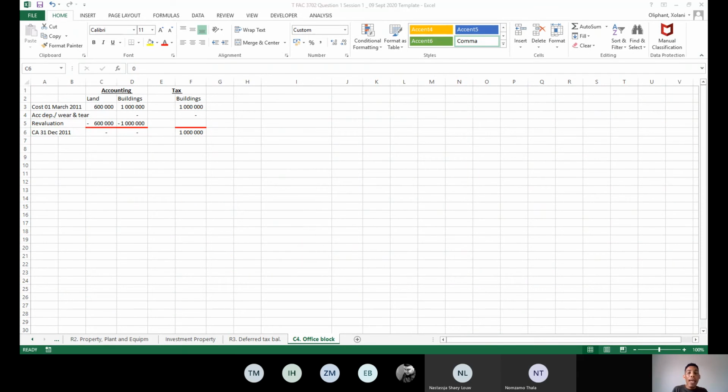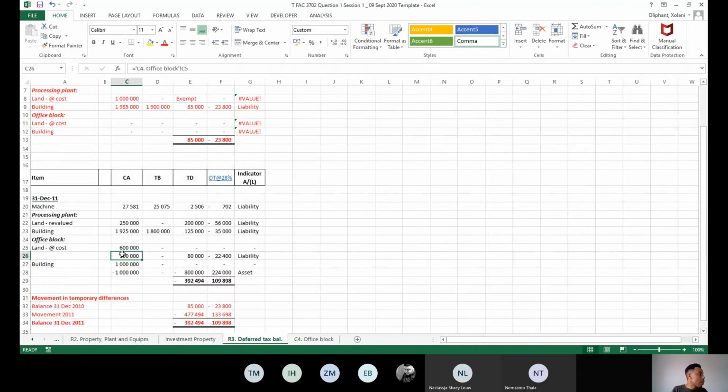How much was the land revalued to at 31st of December 2011? Land was revalued to 700,000. Then it means that above the cost, you need to recognize deferred tax implications on only 100,000.